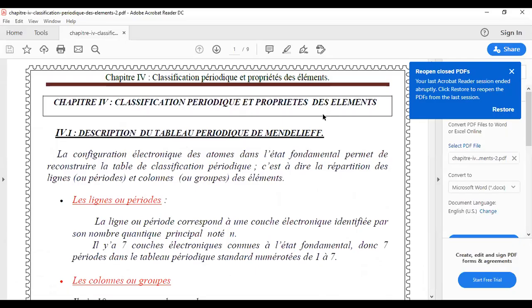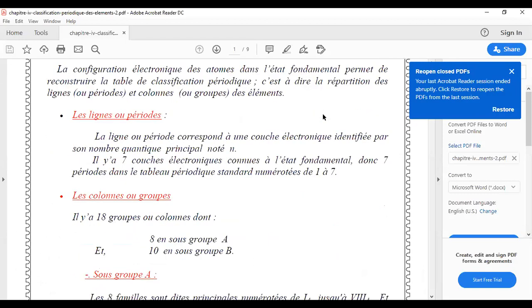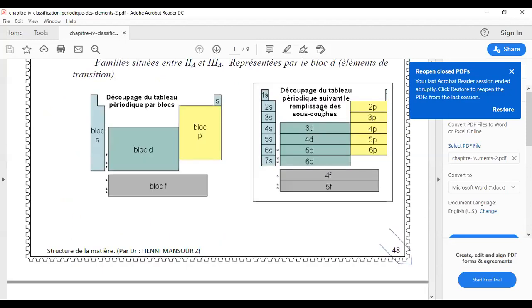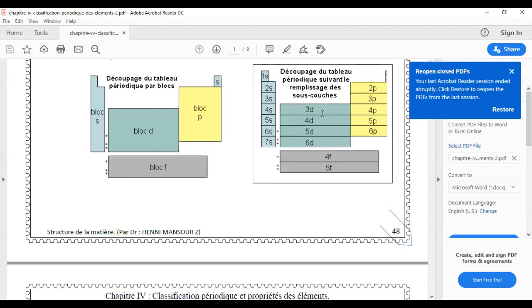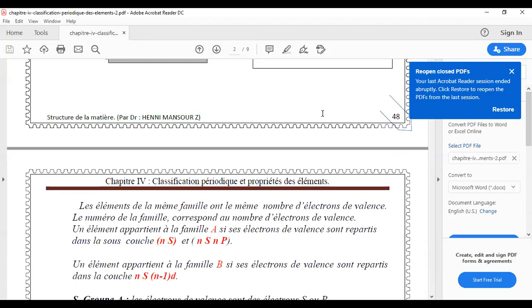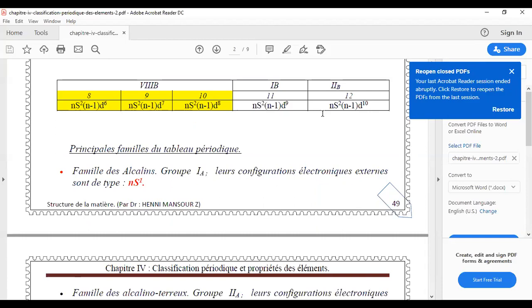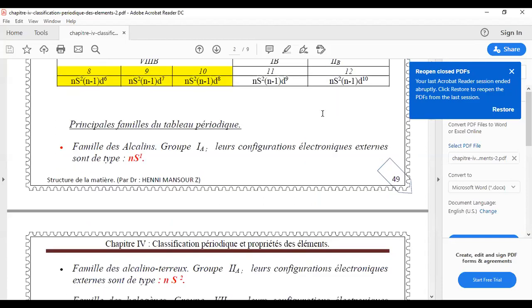Under the periodic table, I'll just tell you the S block, the P block. Where is the S block? Where is the P block? This is our periodic table.